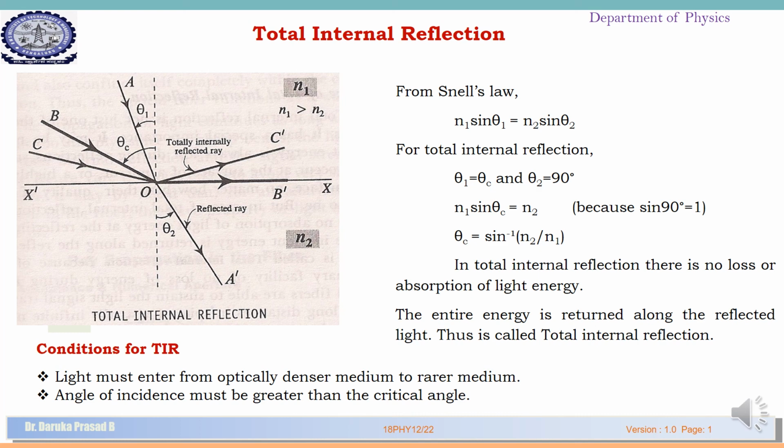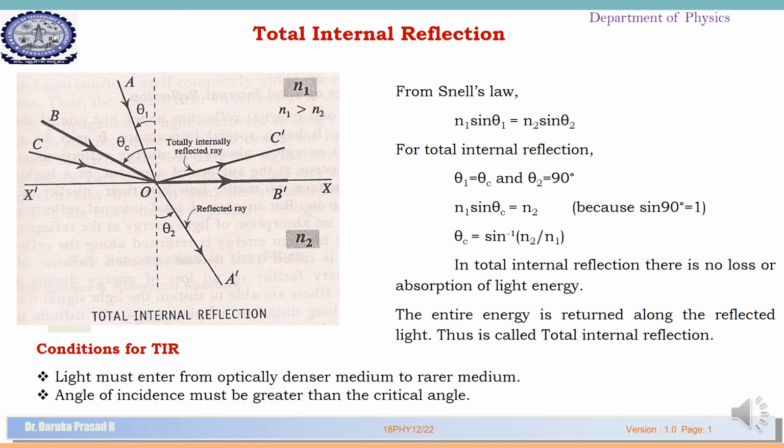The first medium we considered is the denser medium and the second medium is the rarer medium. The second condition is that the angle of incidence theta 1 must be greater than the critical angle theta c. If it is equal, then it just grazes. But for total internal reflection, theta 1 should be greater than theta c.